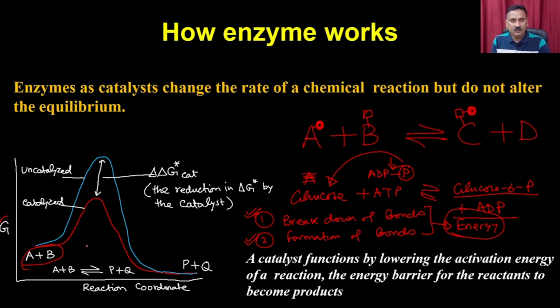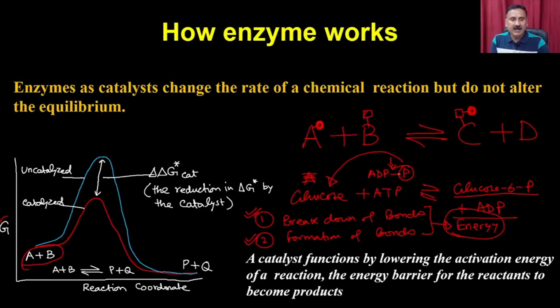One is where you have the non-catalyzed reaction. In a non-catalyzed reaction, all of this has to be done without the help of enzymes. It requires a larger amount of energy, which means A and B have to be heated in such a way that they cross this energy barrier. This is the energy barrier you have.